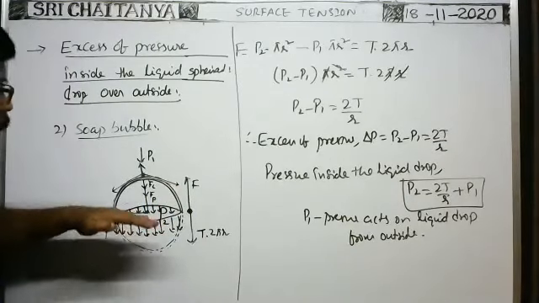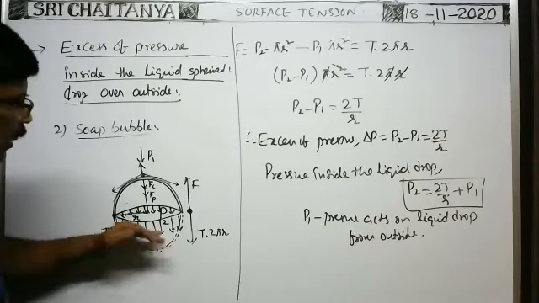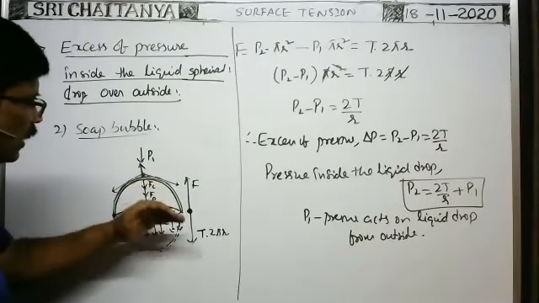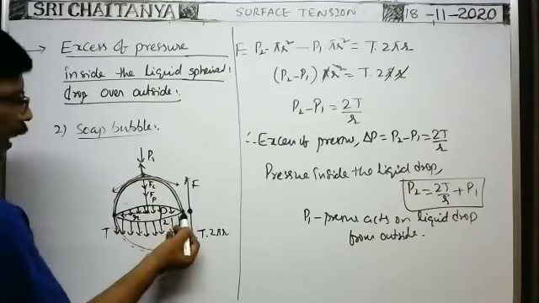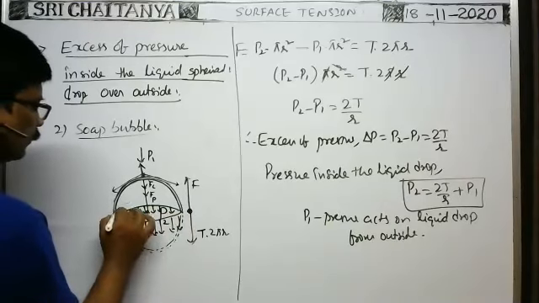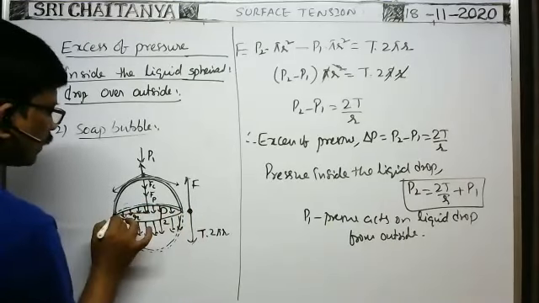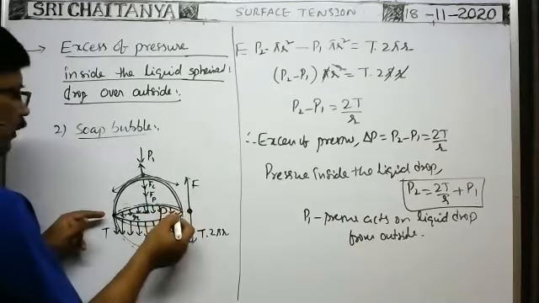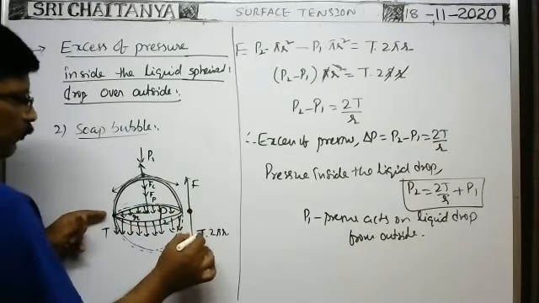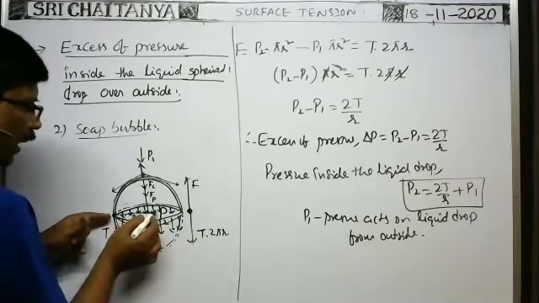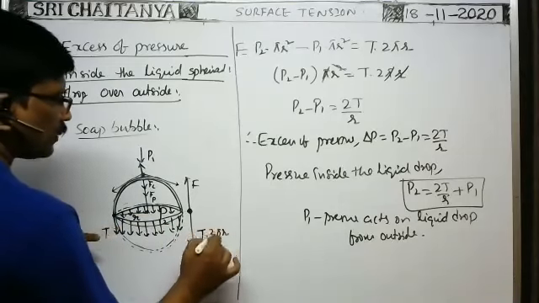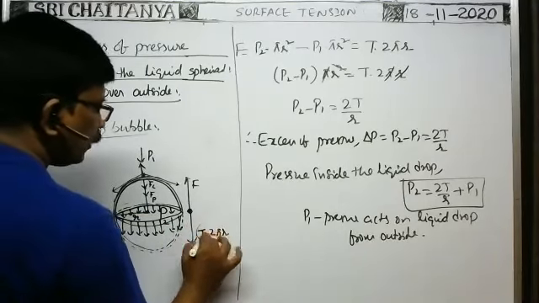Due to the lower hemispherical surface, on the upper hemispherical surface, the surface tension force acts on the outer surface of the hemispherical soap bubble, which is T into 2 pi r. On the inner surface also T into 2 pi r acts. That's why totally this is multiplied by 2.